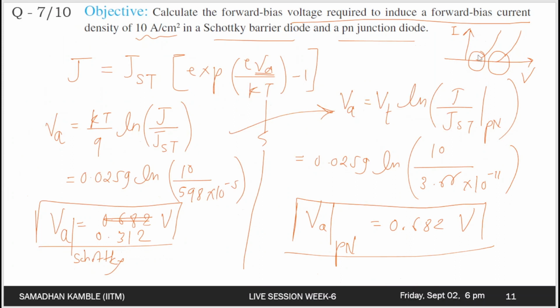The turn on voltage for the Schottky barrier diode is much lesser than for the PN junction diode. Is it clear? If yes, we can move to question number 8. Otherwise you can stop me at any time.